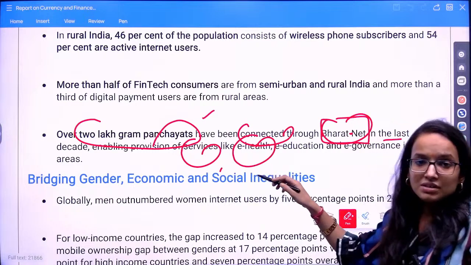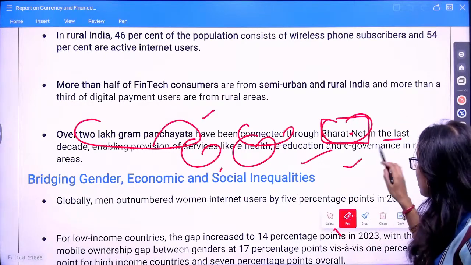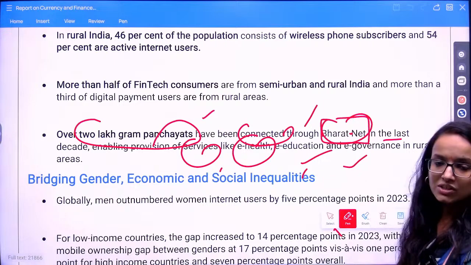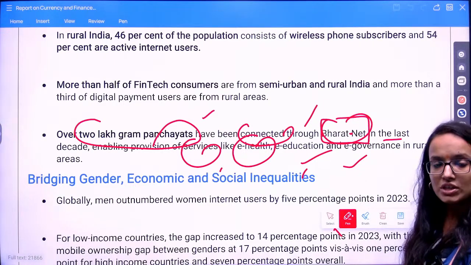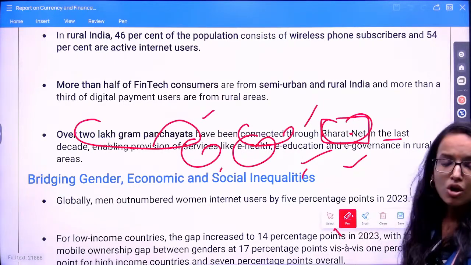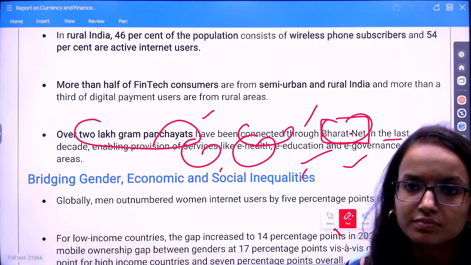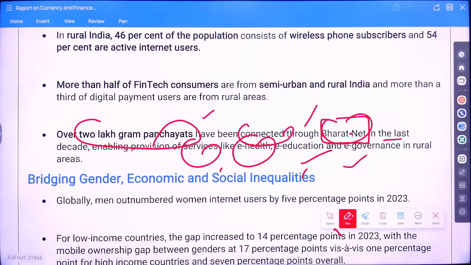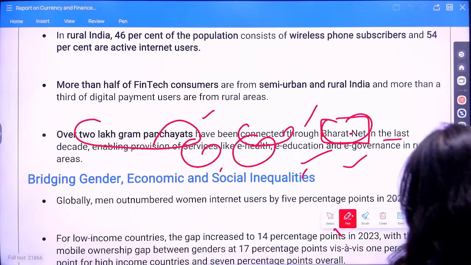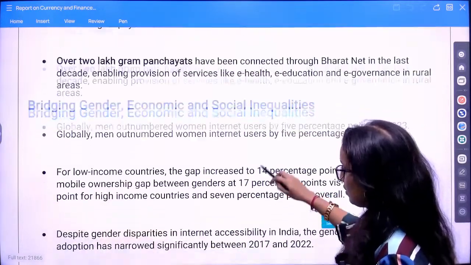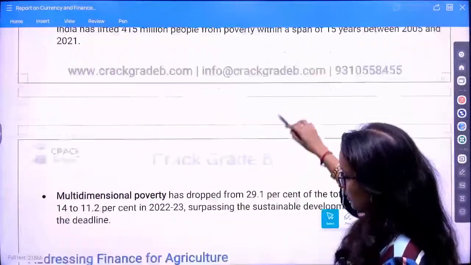So services regarding health, so e-health, e-education, e-governance in rural areas have been successful due to such initiatives like BharatNet, which has provided broadband connectivity to almost over 2 lakh gram panchayats. Right? So this is the thing.